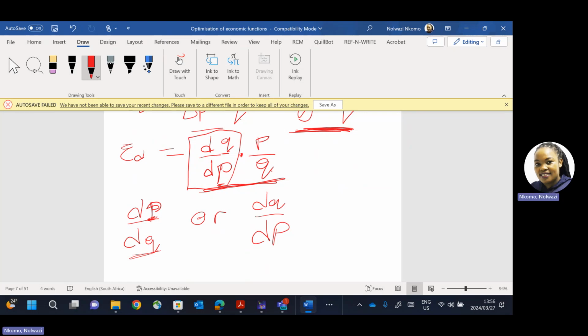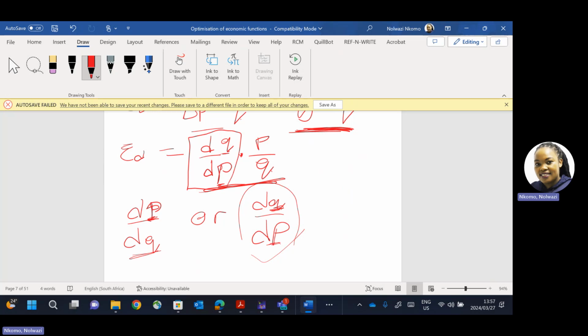If your function is given in the form of q, then your derivative would be dq over dp, as in you differentiate the q function with respect to p.